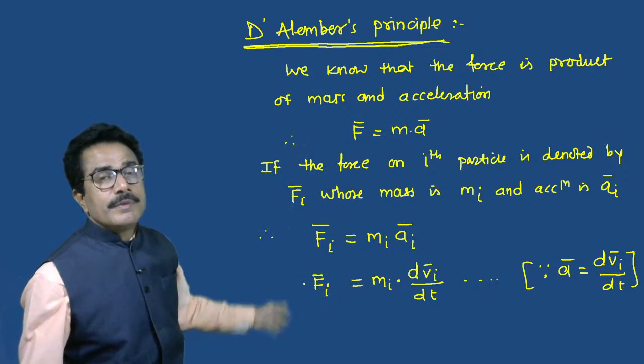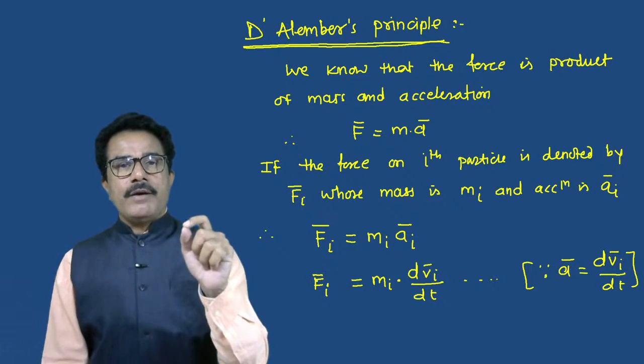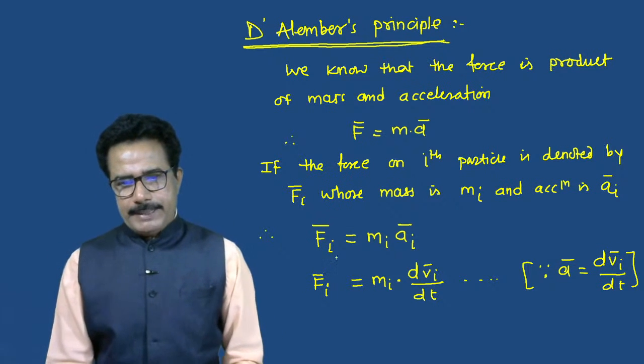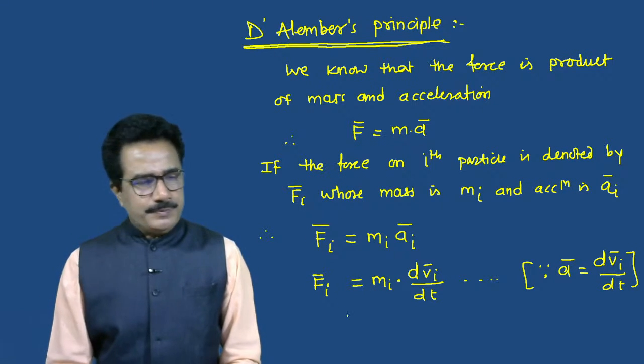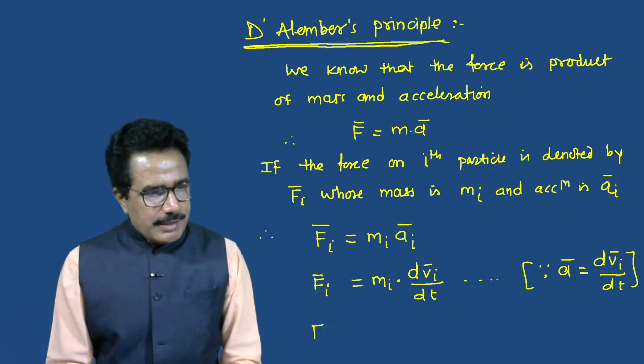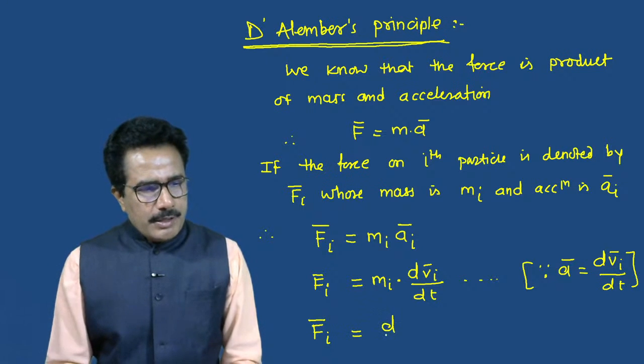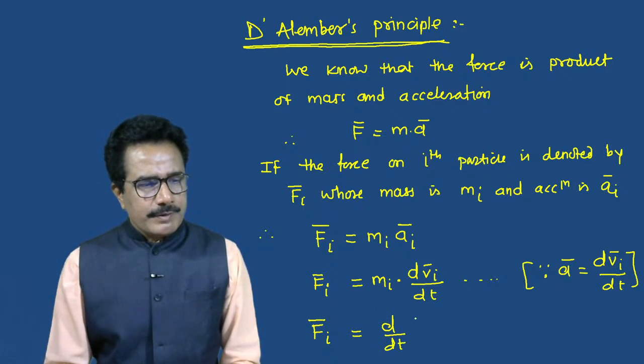I'm going to explain D'Alembert's principle here. Now this can be written as Fi bar, which is equals to, keep this derivative.